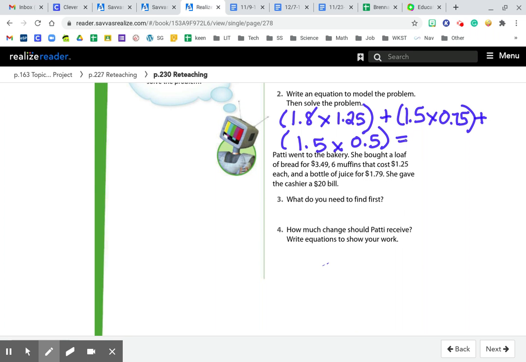So we need to solve all those pieces and add them up and get the total, and then we will have the answer to the problem.